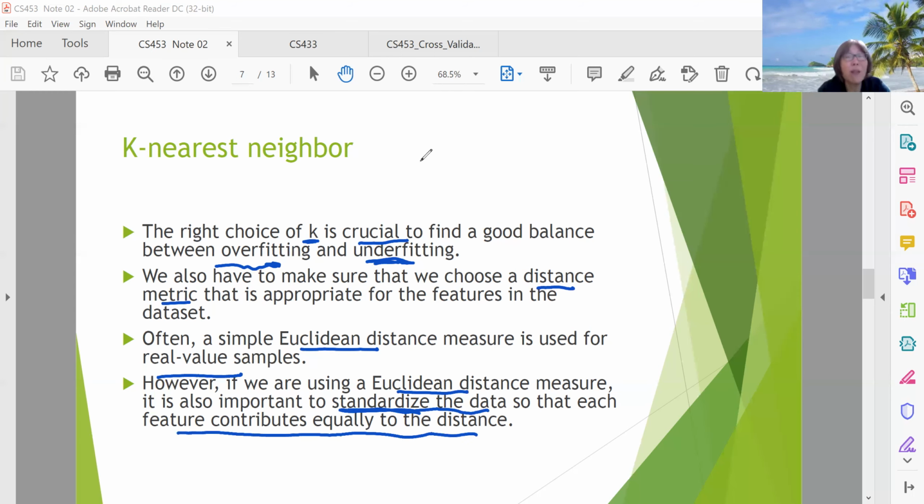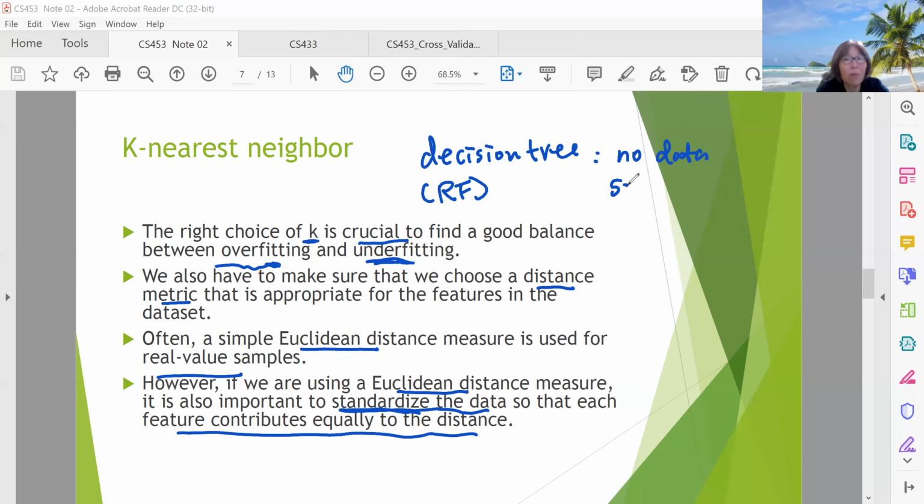If you recall decision trees, and of course random forests, in that learning no data scaling is needed, because it is based on each node's decision.